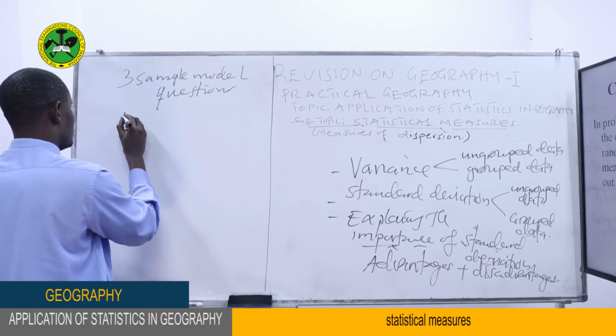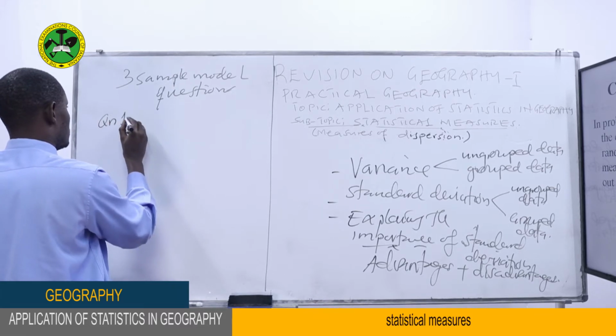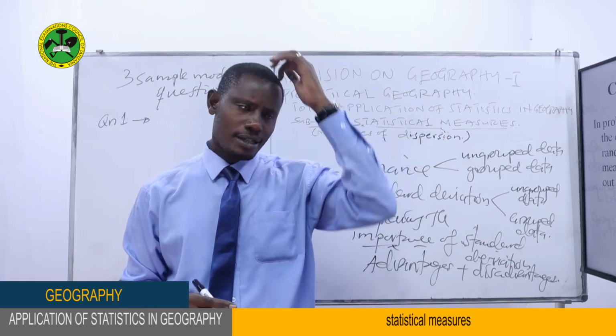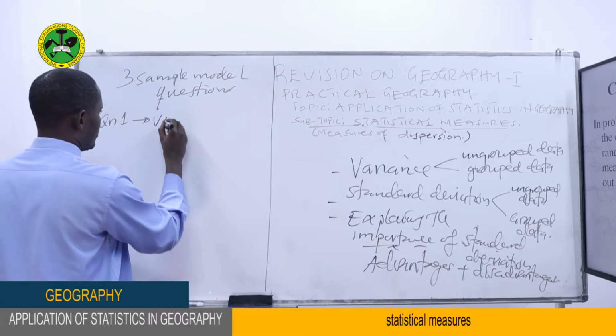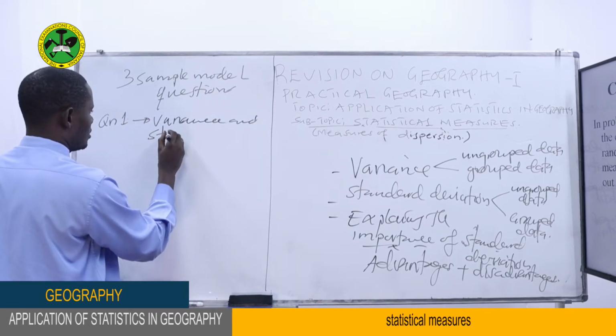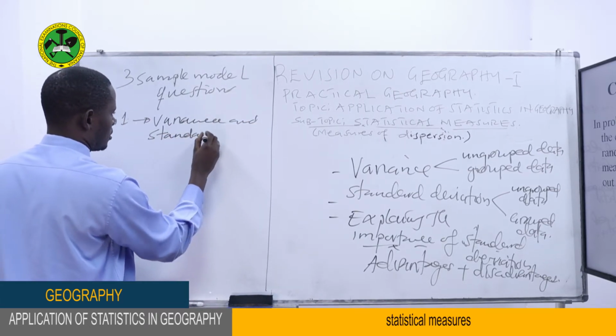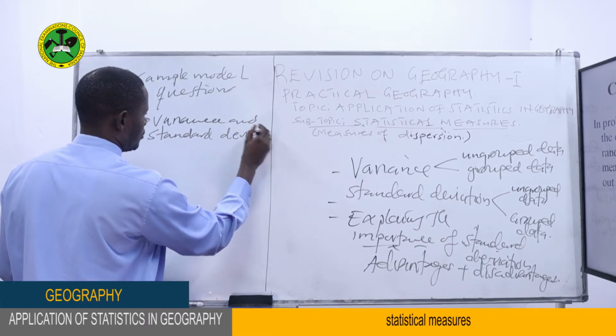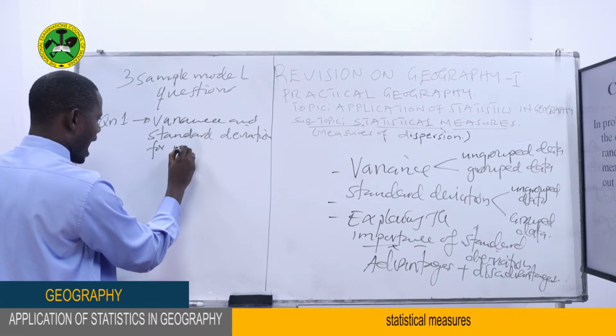The first question will be asking us to calculate the variance and standard deviation for ungrouped data.